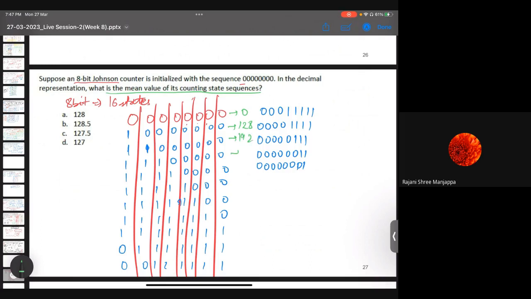This is 192 plus 32, it is 224. Then 224 plus 16, it is 240. Then plus 8, it is 248. Then plus 4, it is 252. Then 254, then 255.